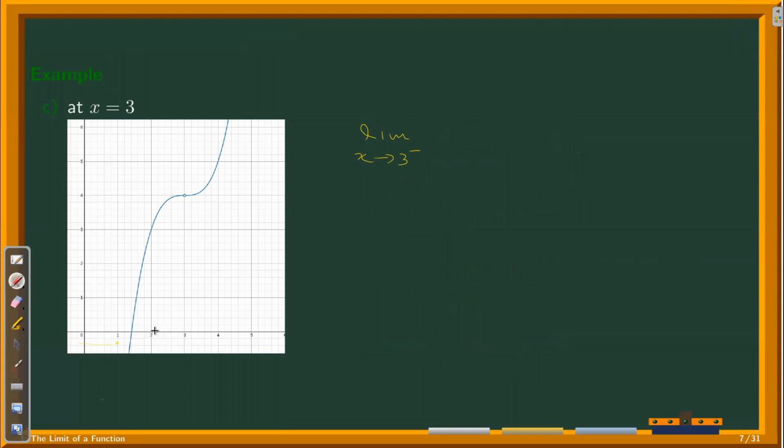This point goes up along the graph and keeps getting the y value closer to 4, no? So this limit is the y value. What happens to the y value as x gets close to 3? In this graph I can see when I get x close to 3, the y value goes up and keeps getting closer to 4.